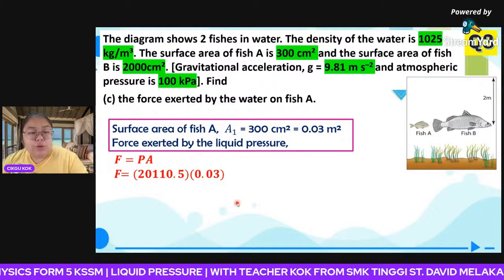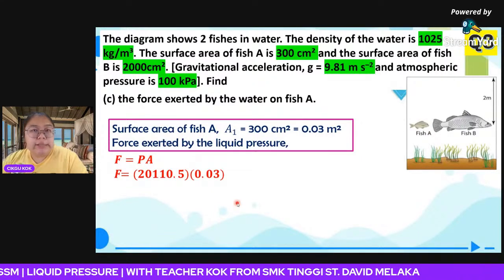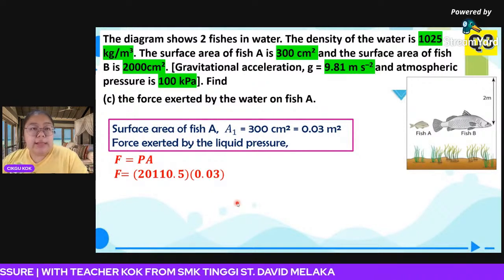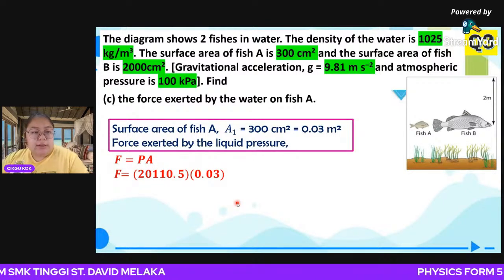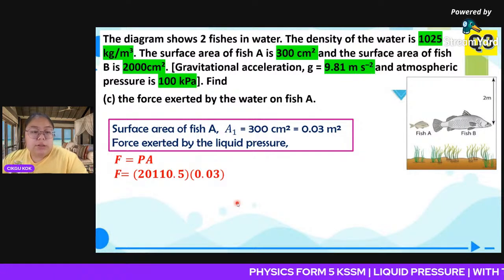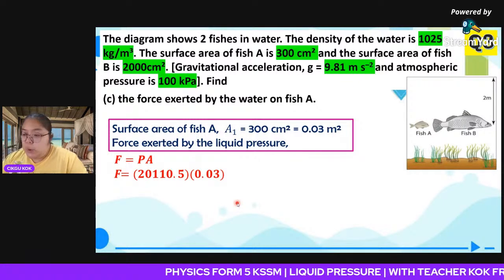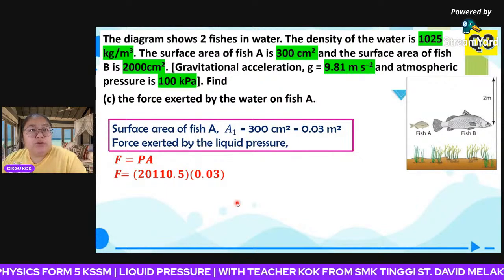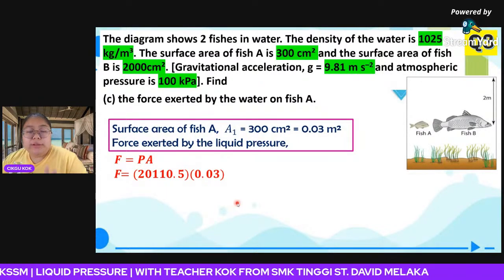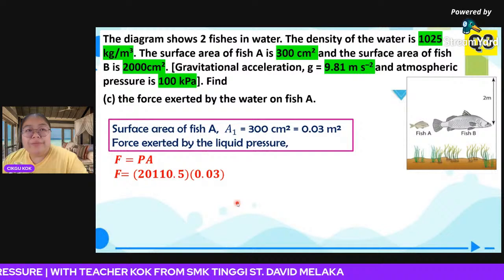I already show all the things. The pressure is what we calculated just now, so we take that pressure. The area we converted already, becomes 0.03. So your answer for the force is 603.315.